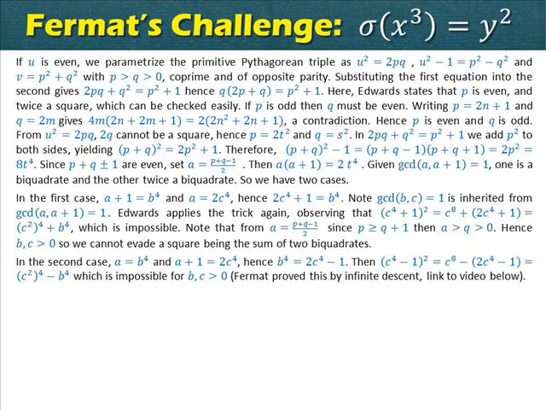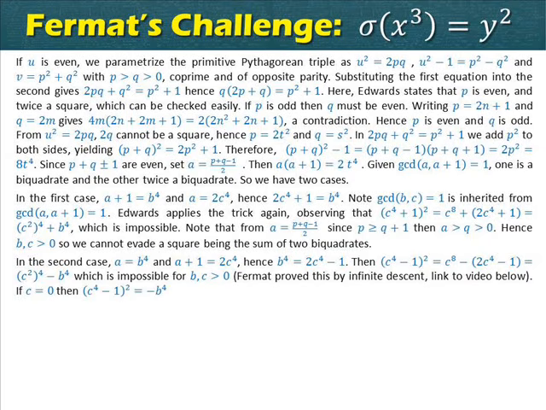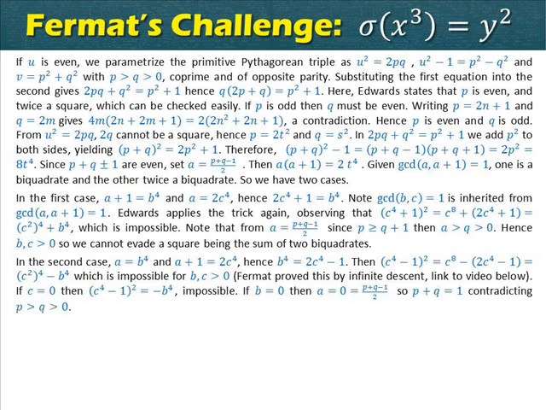Now let's check the few remaining cases. If c equals 0, then the square of c raised to the fourth minus 1 equals minus b raised to the fourth, which is impossible. If b equals 0, then a equals 0, so p plus q equals 1, contradicting p is bigger than q, which is bigger than 0. Finally, we check c raised to the eighth equals b raised to the fourth.